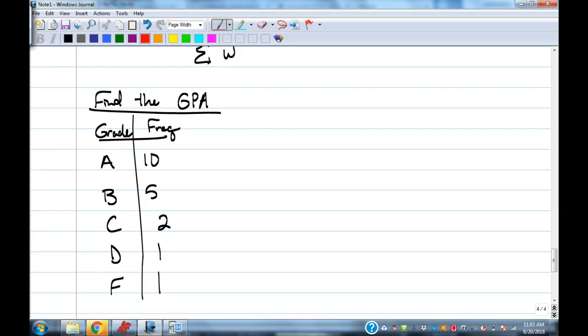All right, so if we're going to find the weighted mean of that, it's the summation of the weight times x. The way that works, how many points is an A worth? 4. How many points is a B worth? 3. How many points is a C worth? 2. How many points is a D worth? 1.